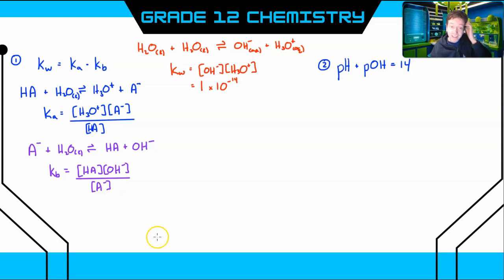So let's now figure out what Ka times Kb actually is. If we first put in Ka, we've got hydronium and our conjugate base divided by our acid.